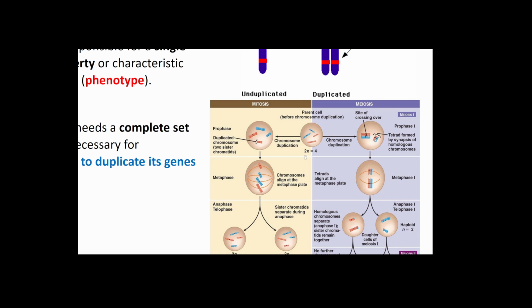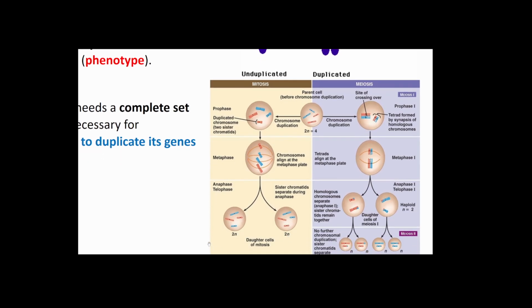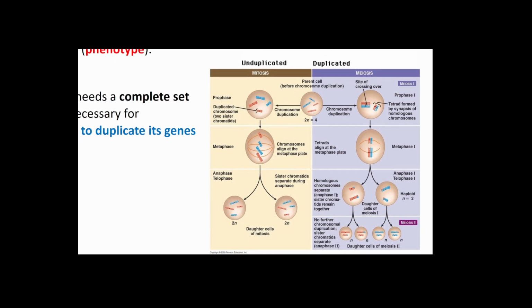Here we see the results of the daughter cell as shown. In mitosis it will be 2n, while the daughter cell resulting in the final step in meiosis, in anaphase and telophase, will be 1n.